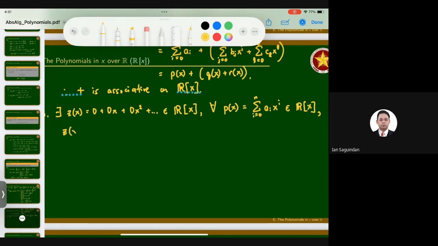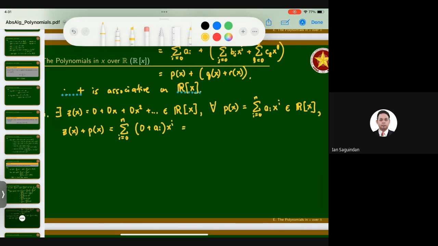When we have z of x plus p of x, since the coefficients are indefinitely extending for z, I would like you to realize that this should become the summation of all 0 plus a sub i, x to the i running from 0 up to, take note, whichever is higher between 0 and n. And in that case, that should be n.